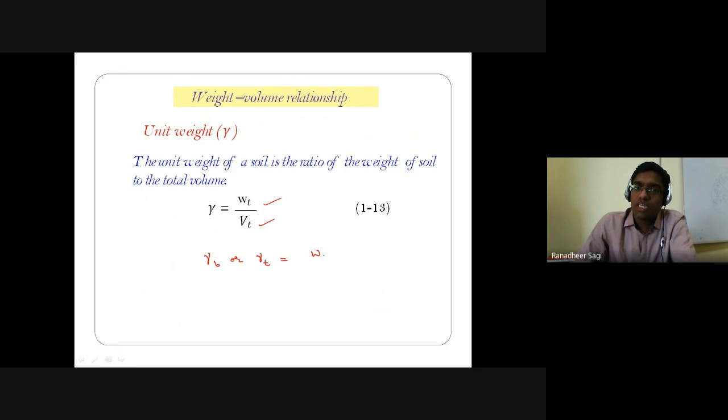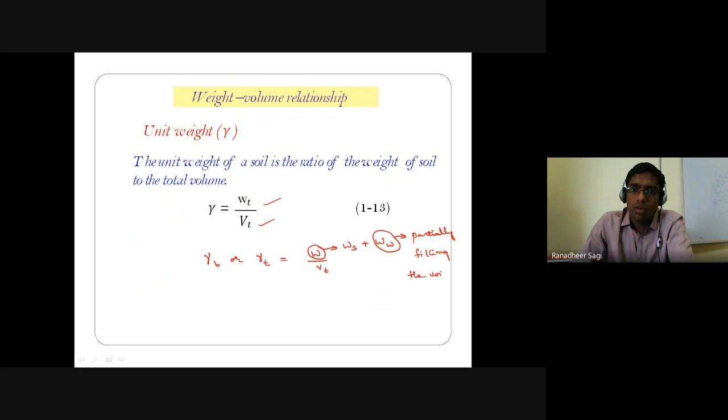So the weight of that particular soil in that particular state, to that of your total volume of that particular soil. So this weight, which we are going to be talking about, includes the weight of solids plus the weight of water, which is partially filling the void spaces.